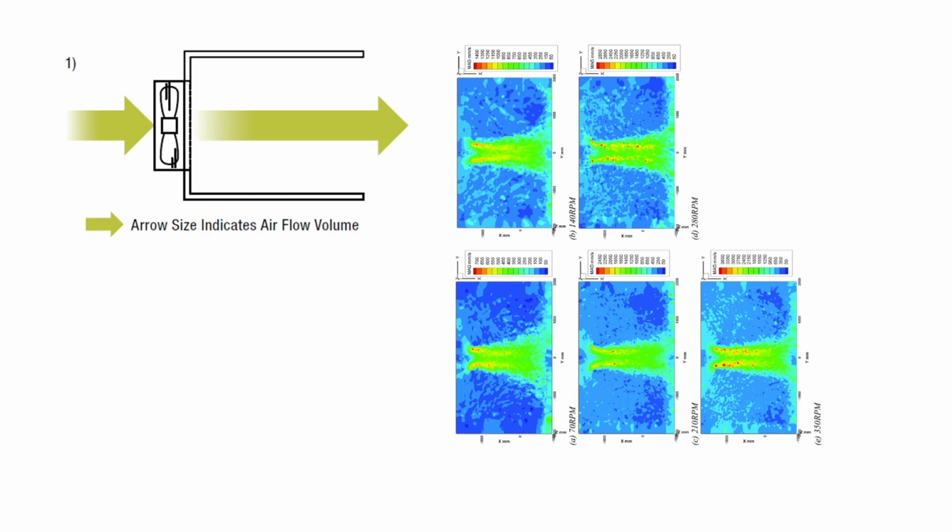So if you compared two fans that were exactly the same, except one's frame design shot the air off to the sides while the other concentrated it, they're going to look much closer in performance in my simulation test, because there's nowhere else for the air to go than down the tube.